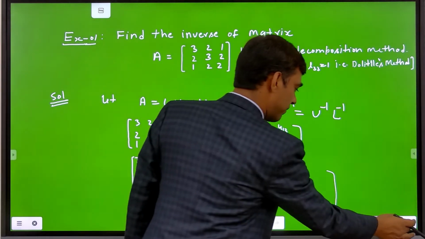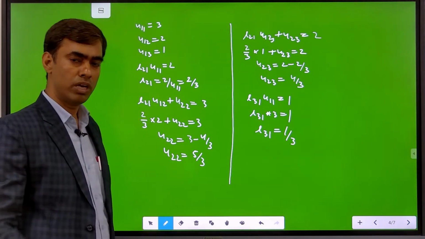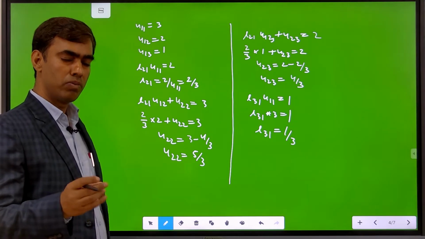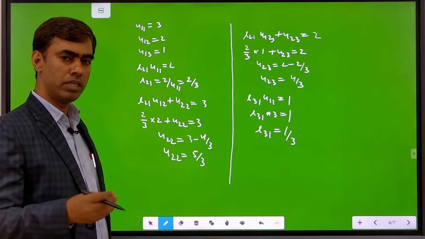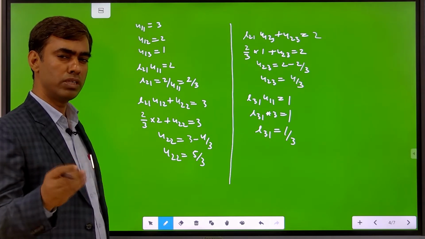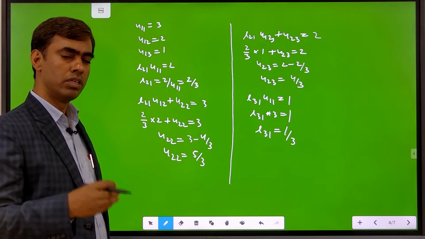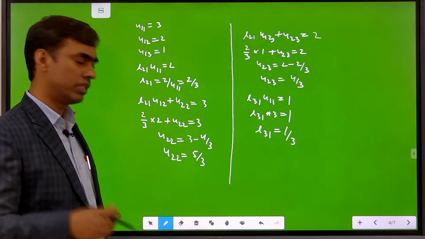In this way we are able to find the values of L11, L12, L13. L11 is basically 1, so L21 and L31 and L32, U11, U12, U13, U21, U22 and U31, U32 and U33.